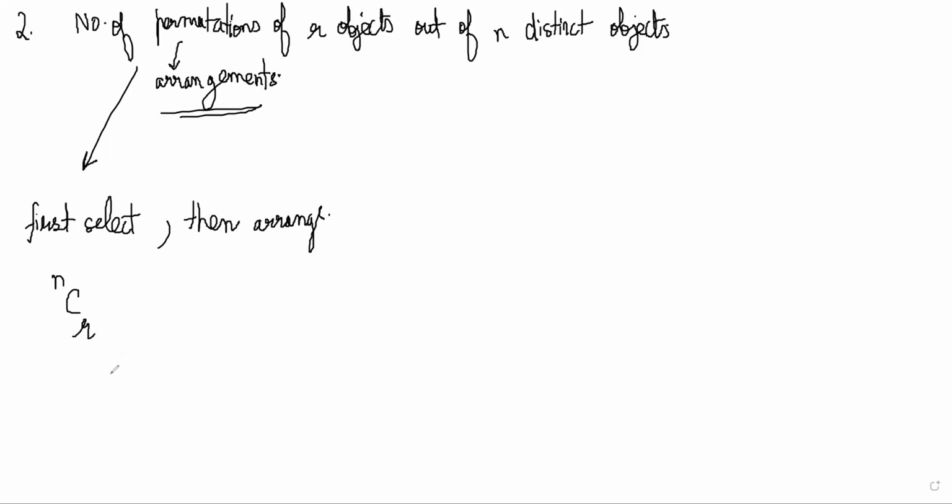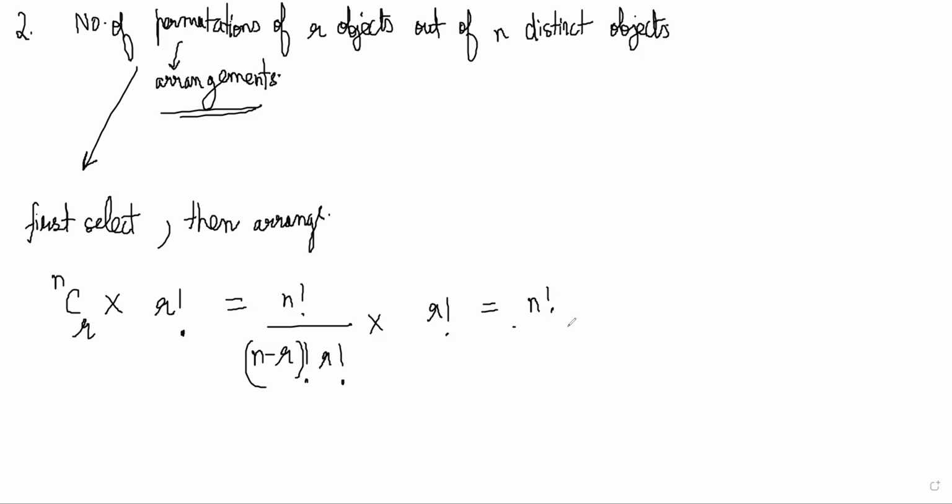And once you have R distinct objects, arranging them can be done in R factorial ways. So the total value becomes n factorial by n minus r factorial multiplied by r factorial, which becomes n factorial by n minus r factorial.